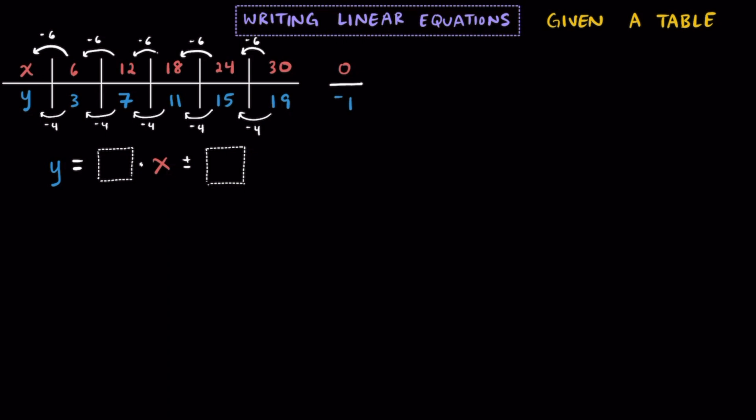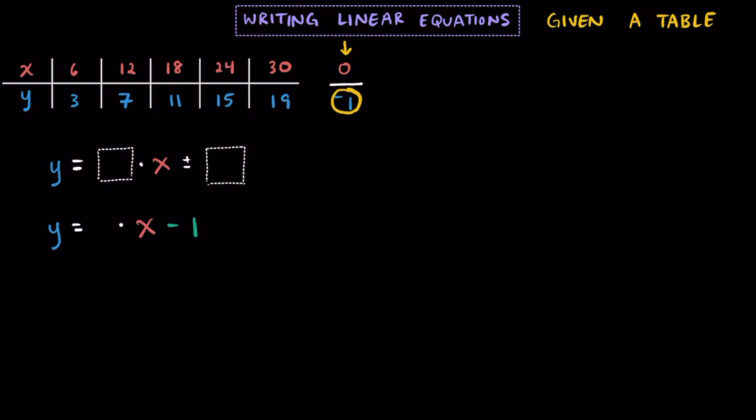So now that we've identified here that x is 0, we know that this number right here is going to be what we're adding or subtracting on our linear equation. So we can say y is going to be equal to some number multiplied by x, and because it's a -1, we're going to be subtracting 1 in our linear equation. If we know we're eventually going to have to subtract 1 to find out the y values, then let's go ahead and add 1 and figure out what they were before that.